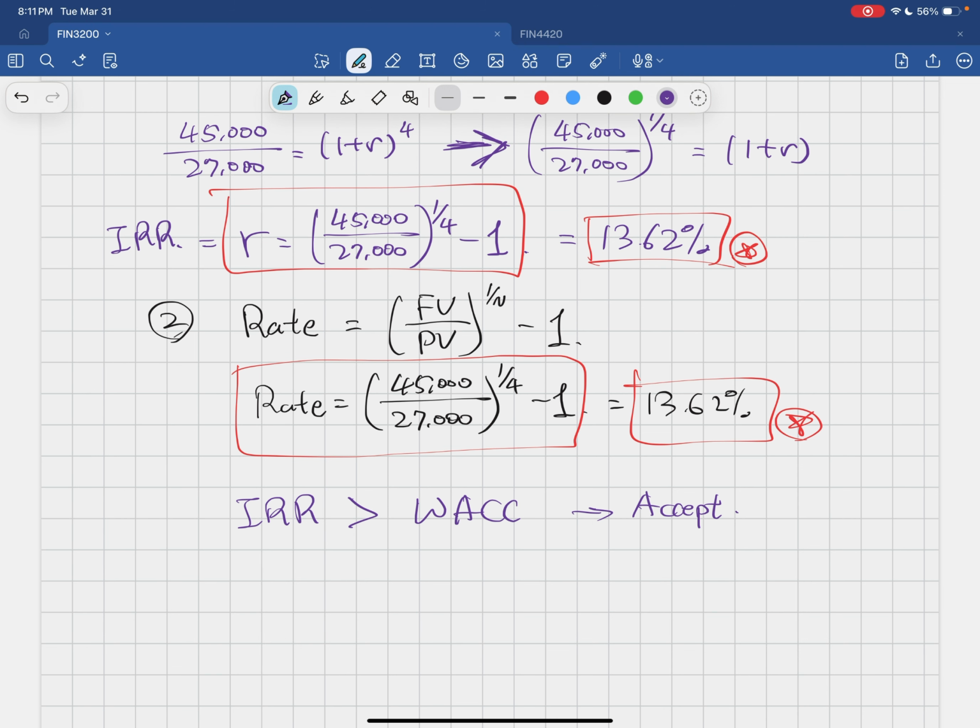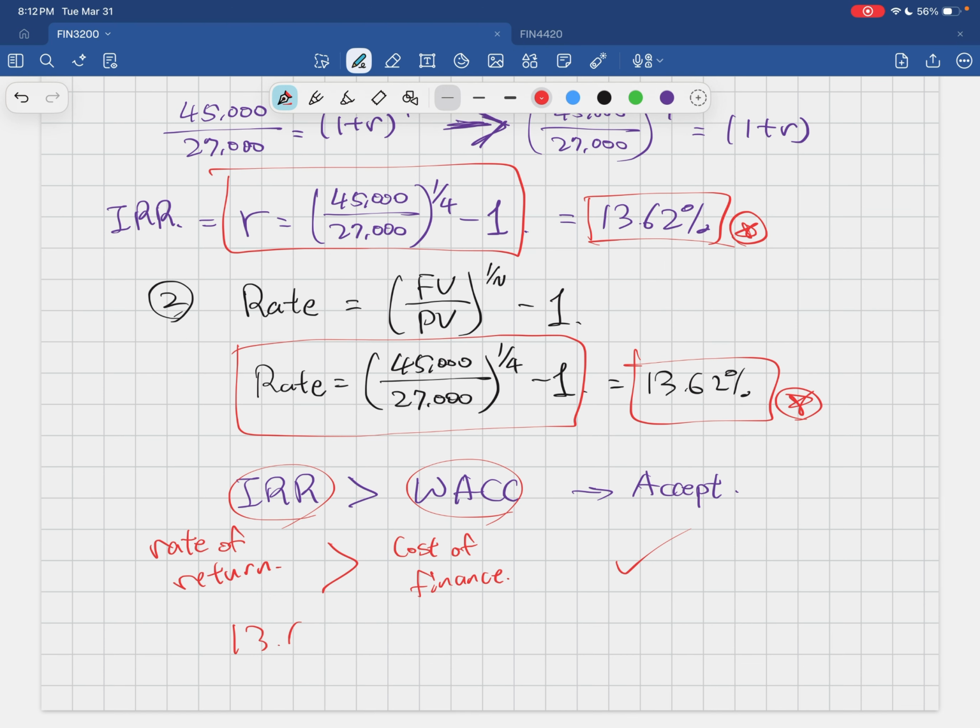That's because IRR represents the rate of return from the project, and the WACC represents the cost of financing the project. It's the weighted average cost of capital, right? So if the return is greater than the cost, then you accept. And that's true in this problem. It's greater than the WACC, so you should accept.